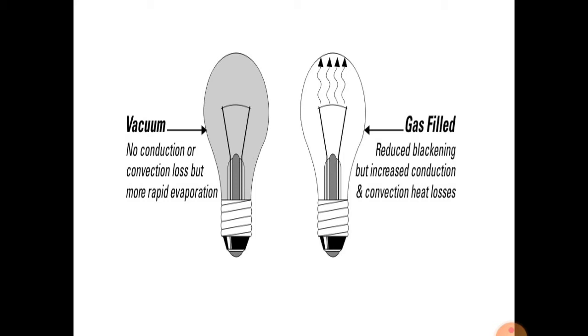Vice versa, in a gas filled incandescent lamp, inert gases like argon are used with some particles of nitrogen. In this case the evaporation of the filament is comparatively less as compared to the vacuum filled lamp. Therefore, the efficiency of the gas filled lamp is more as compared to the vacuum filled incandescent lamp.